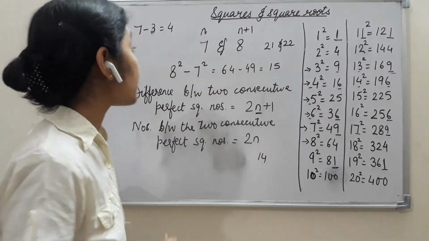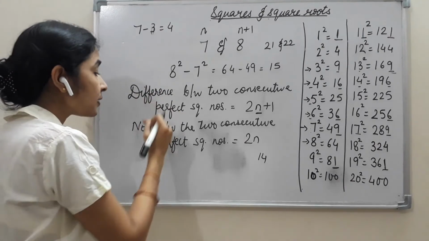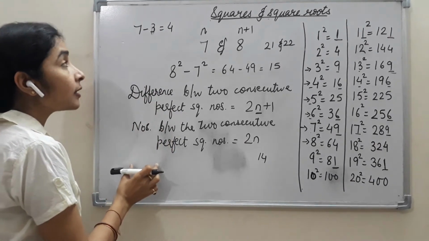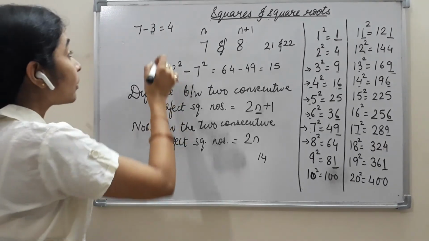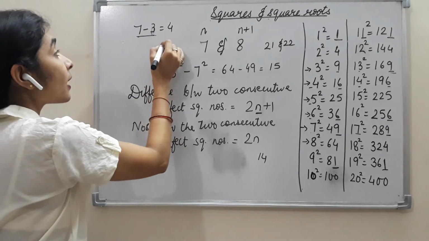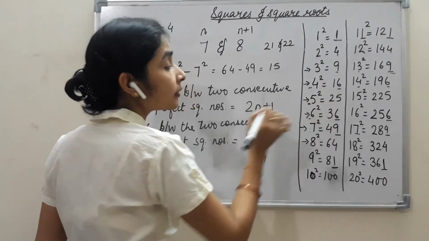There are only 3 numbers. So there is a difference between the concept of difference and between. When we are asked between, it is less than the difference by 1. So if I ask how many numbers are there between 7 and 3, my answer will be 3.